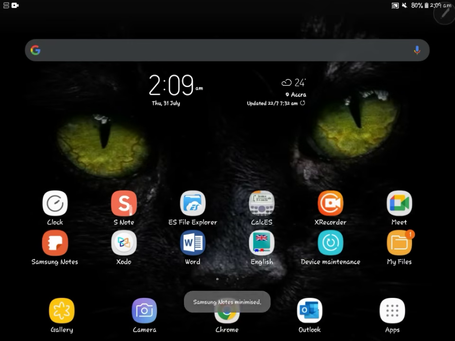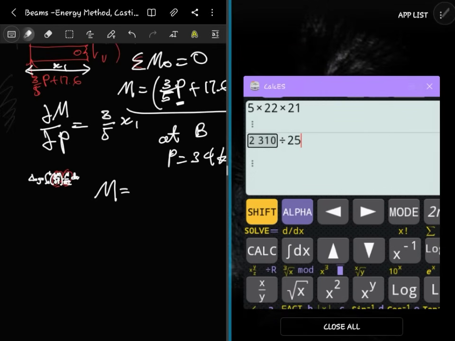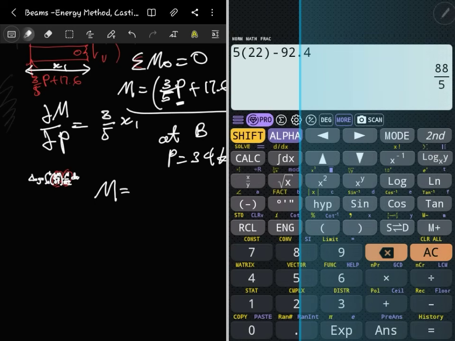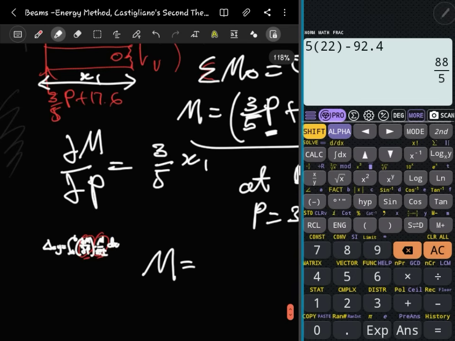In cases like this, I find it easier to use a calculator. It makes your work faster. Okay, so now we have it. The actual 10 was this.